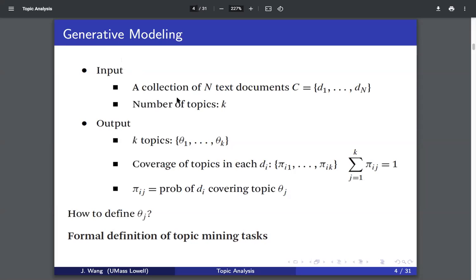The input here is a collection of N text documents, so I have N text documents at hand. The input also tells me that we want to create K topics, and these K topics are predetermined from your training data.